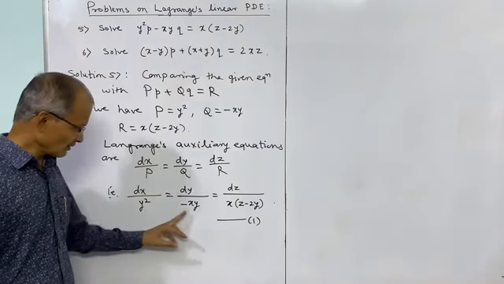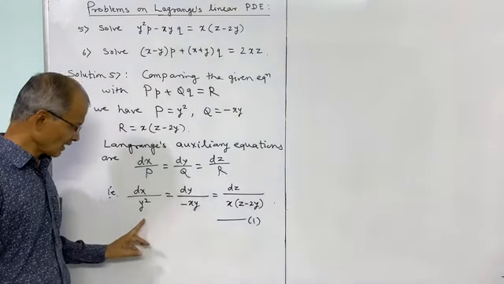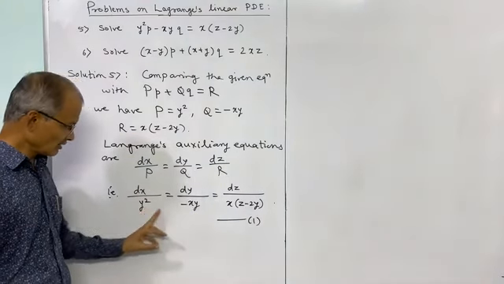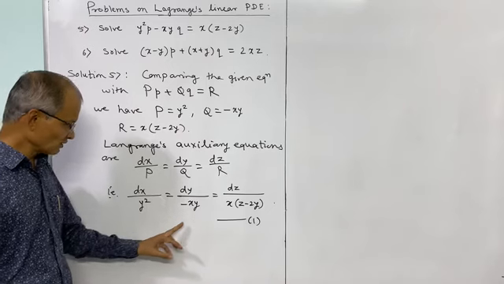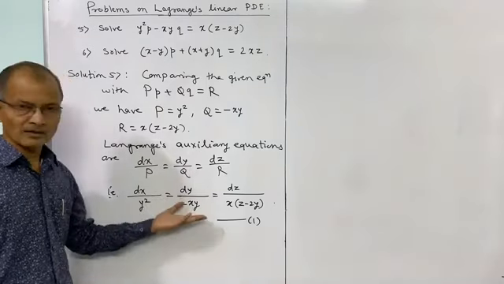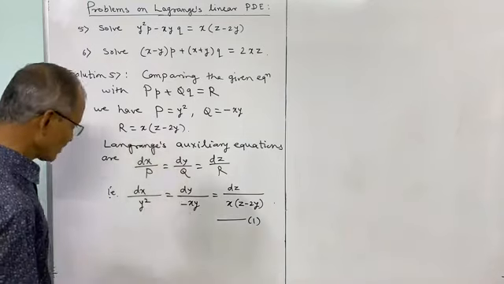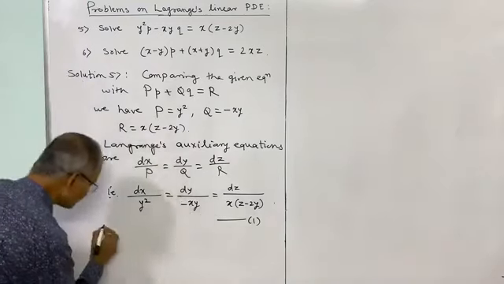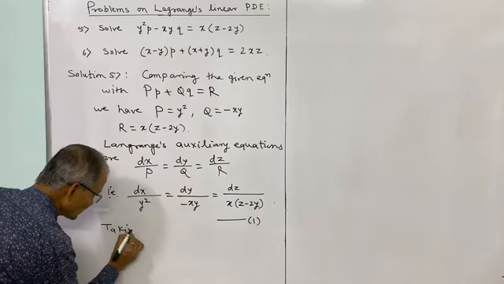See here the variables are in product, and we can take the first and second ratio, so that we can transfer this x on the dx side and this y on the dy side. So taking the first two fractions, what we shall get?